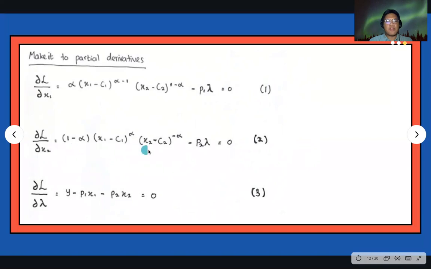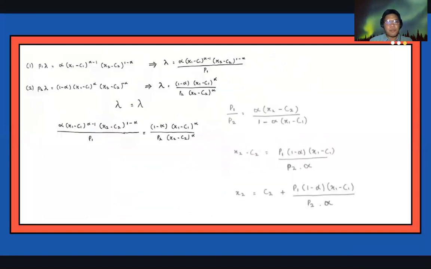Then do the same derivation with respect to x2, and equate it to zero, and I classify this as the second function. The third one is the derivative of L with respect to lambda, which is back again to the constraint function, and we classify that as the third function.